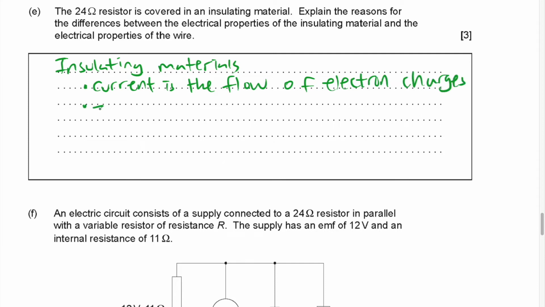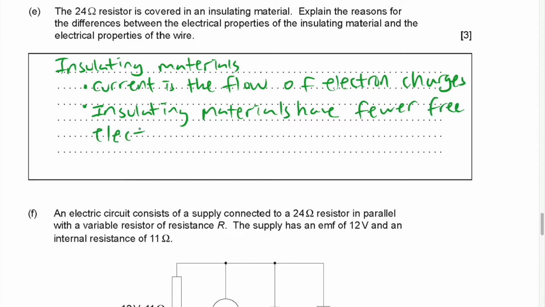And because insulating materials have fewer free electrons than conductors, the current being conducted by the insulating material will therefore be smaller than in a conductor, right?